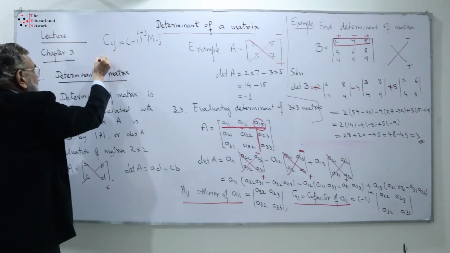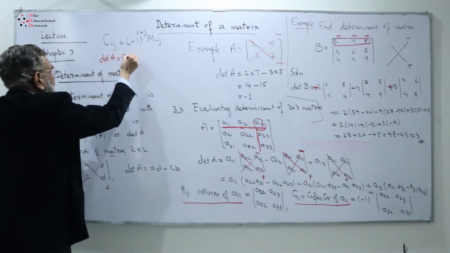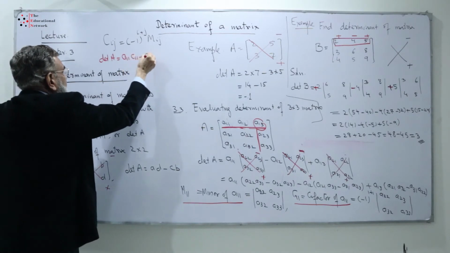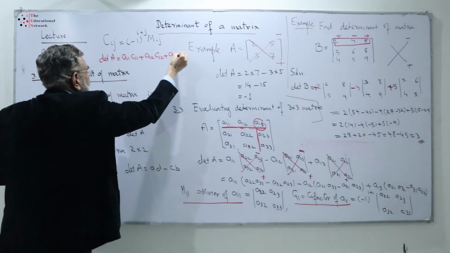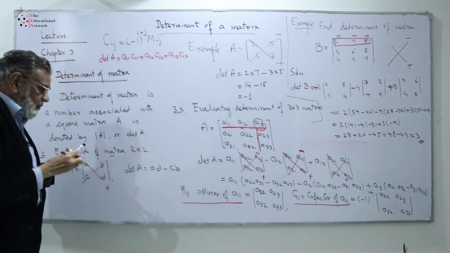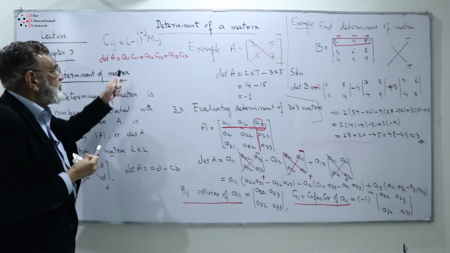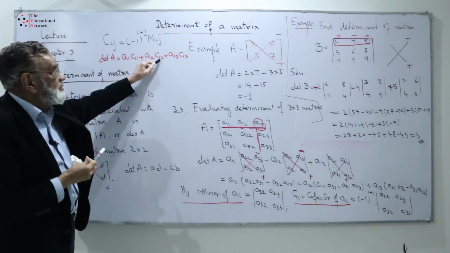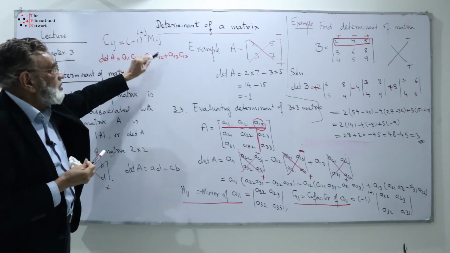We want to find determinant of A. Determinant A is A11, C11 plus A12, C12 plus A13, C13. So what are the signs? Sign with A11 is plus. A12, sign of C12 from here, we get i plus j, 1 plus 2 is 3, so we get here this value minus.